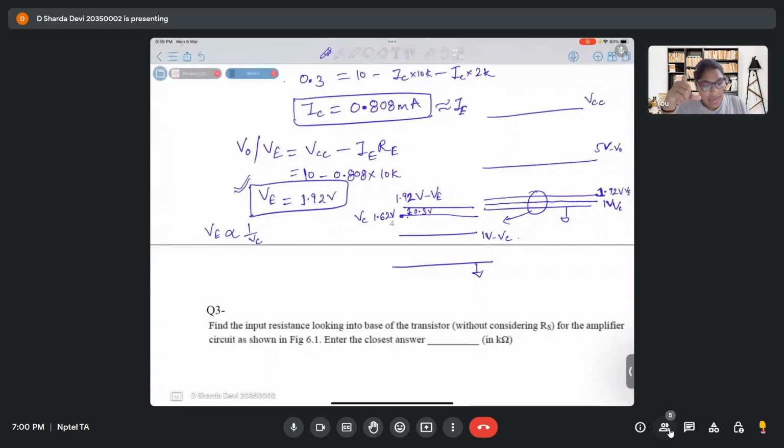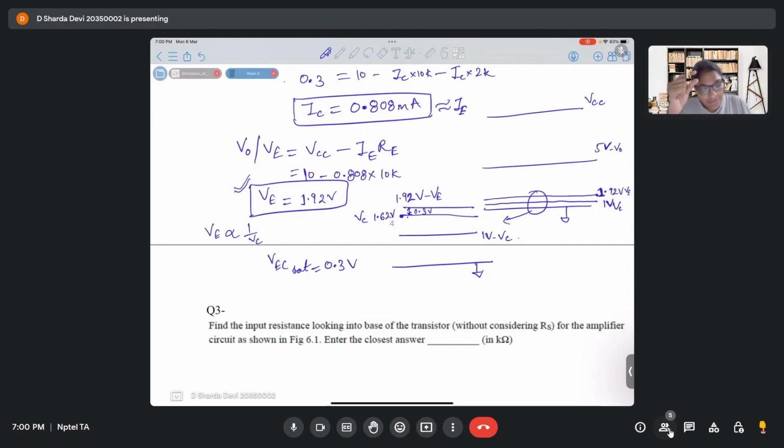But we need to find out what is the maximum value that VC can attain. For that, it has to follow the VC sat condition of 0.3 volts. That means the distance between VE and VC, that is VE minus VC, should always be greater than 0.3 volts, right?